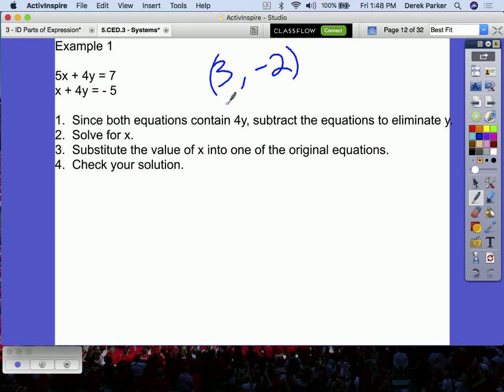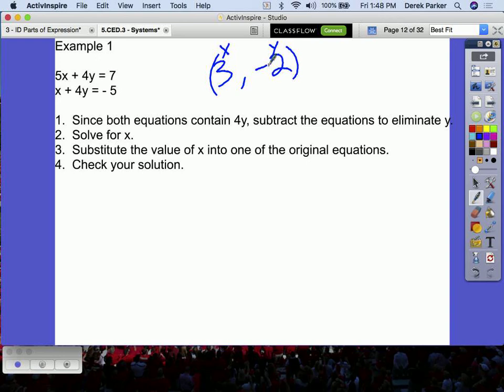Now, here is the cool thing about solving systems of equations. Since this is the x and this is the y, I can pick an equation, and if I did my math correctly, I can plug this in and see if the left side is equivalent to the right side.